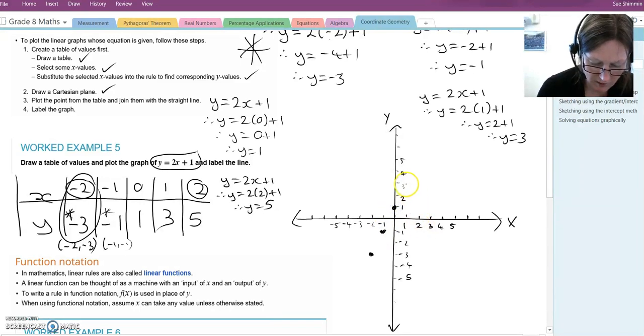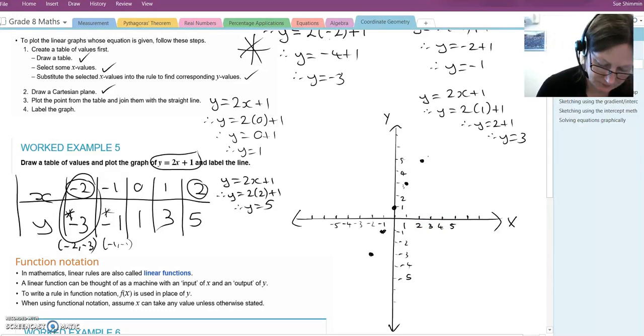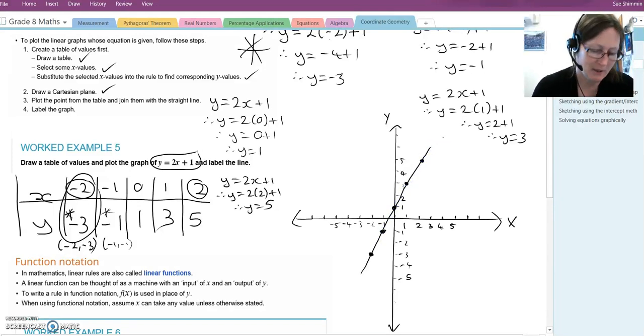The next point is 1, 3. And the next point is 2, 5. So I've plotted the points, and I join them with a straight line. So go through all those points, join them with a straight line, and I label my graph. That straight line represents where y is equal to 2x plus 1, as stated there.